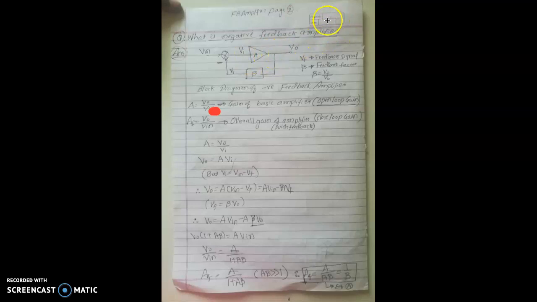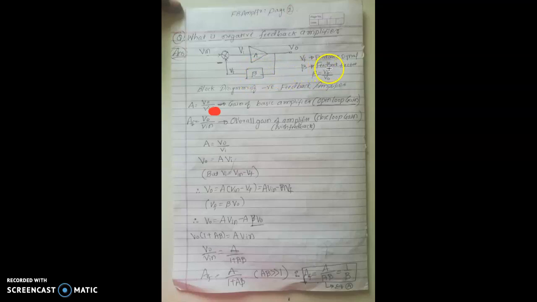This basic amplifier is going to have good stability if the output voltage is fed back to the input, and the output voltage is fed back through the feedback network denoted by this. This feedback network has a feedback parameter of beta.